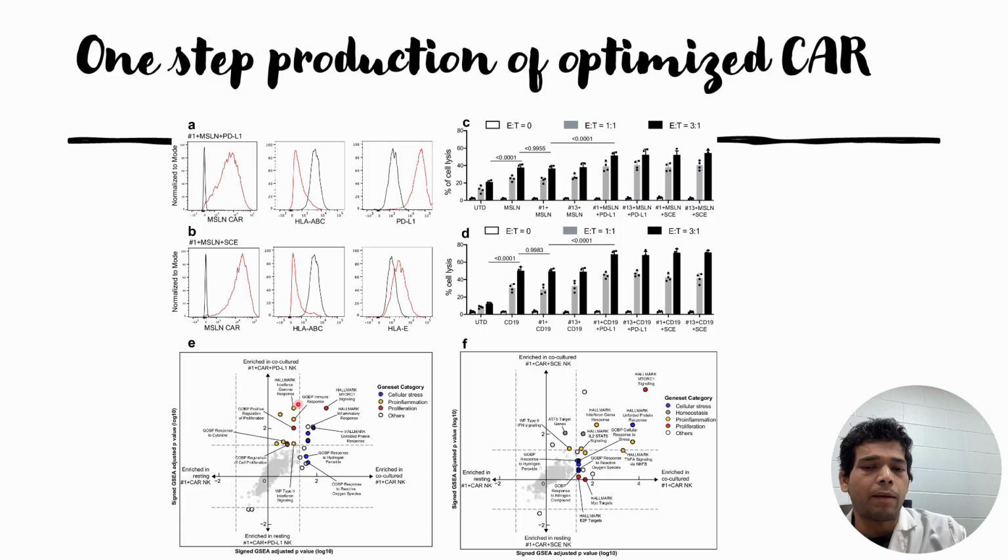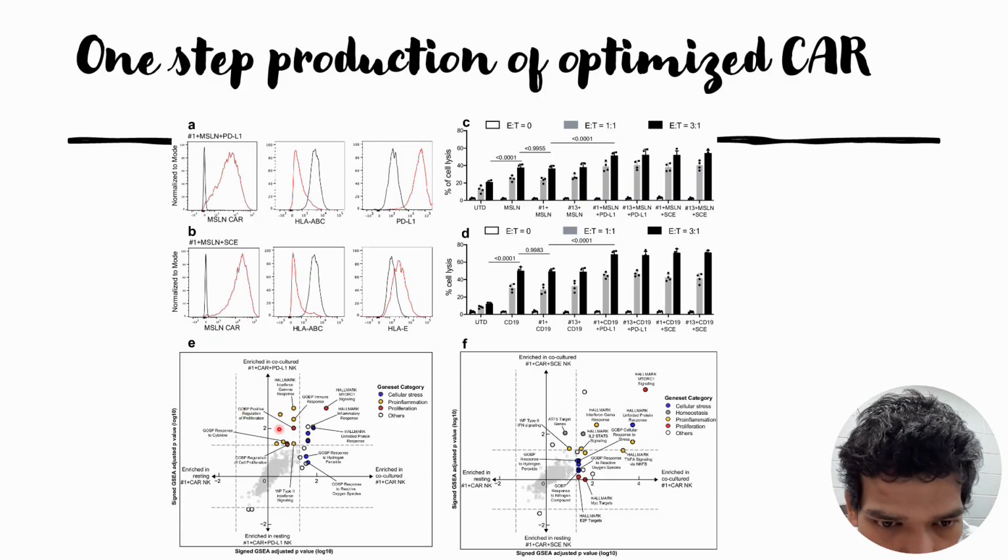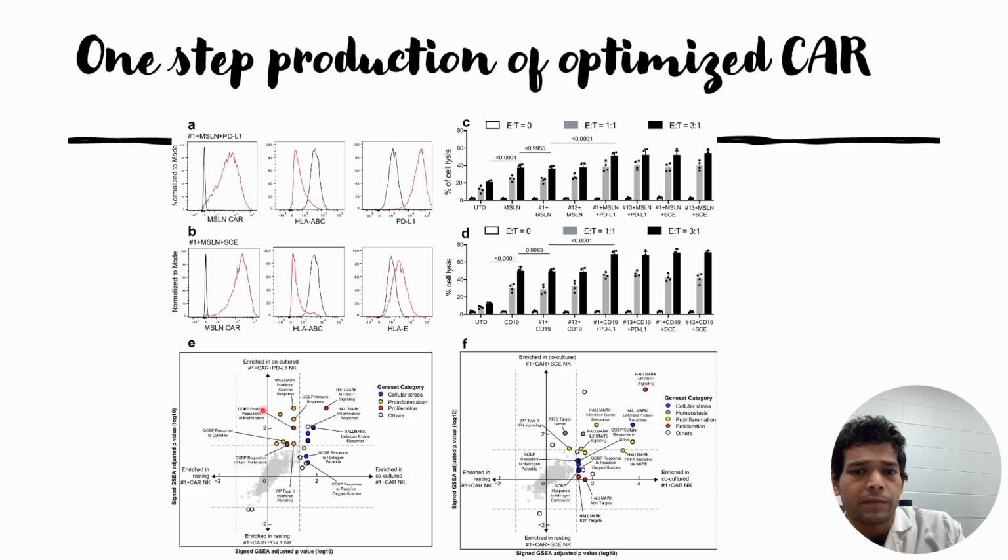For example, interferon gamma signaling and also granzyme signaling pathways are upregulated. So this indicates that cell cytotoxic pathways are upregulated, which is what they expected based on the results that they had seen previously.